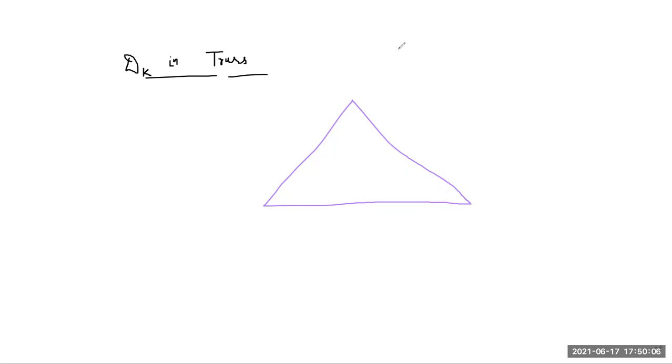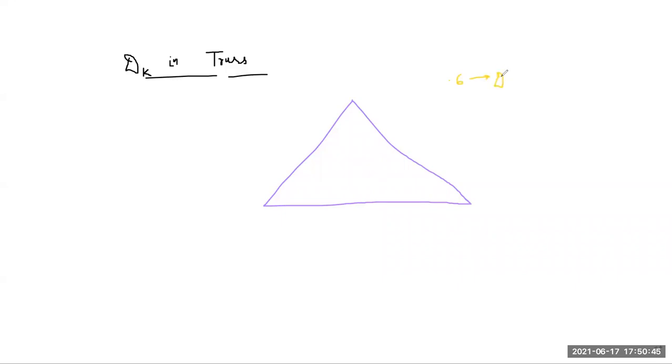Someone is saying, sir, there is no support here. So I think he is saying correctly. This truss is not stable because no support is there. So I asked how many possible degrees of freedom you have seen, and someone says 6. So the degree of freedom is equal to 6.